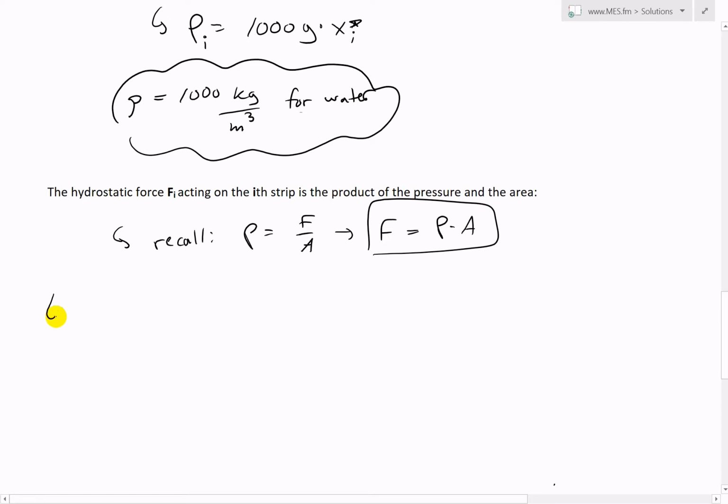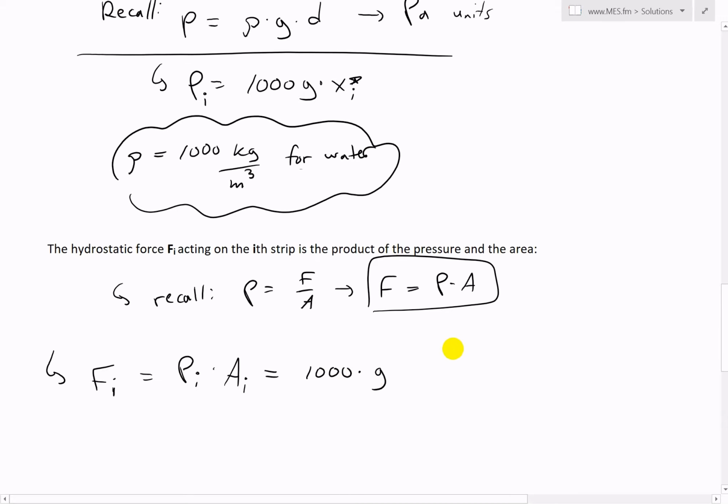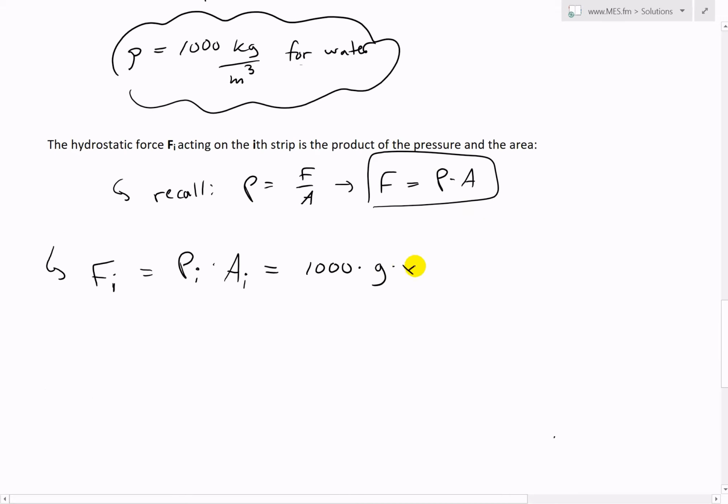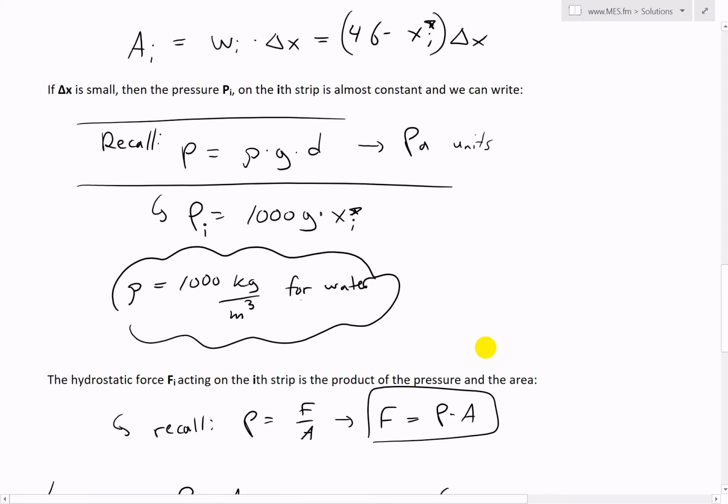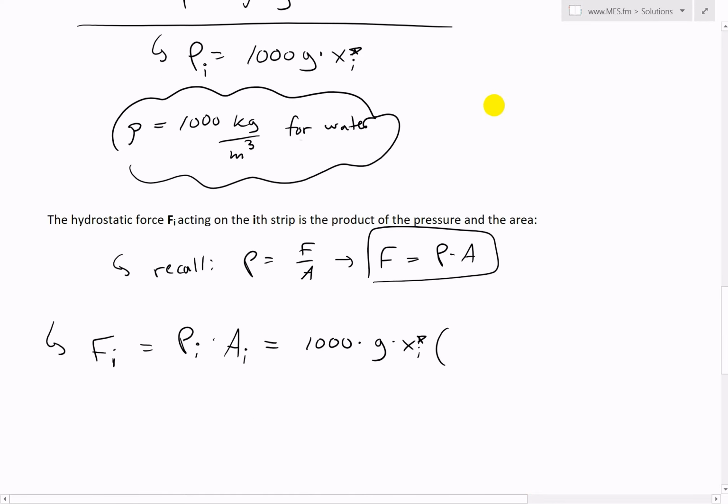So the force Fi of this thin slice is equal to Pi multiplied by the area Ai. Pi is 1,000 times g times xi star, and Ai is 46 minus xi star times delta x.